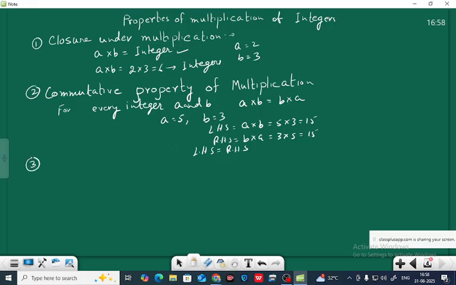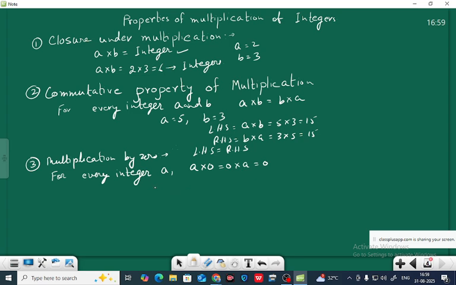And next one, we learn about multiplication by 0. The third property is multiplication by 0. For every integer a, a into 0 is equal to 0 into a is equal to 0.